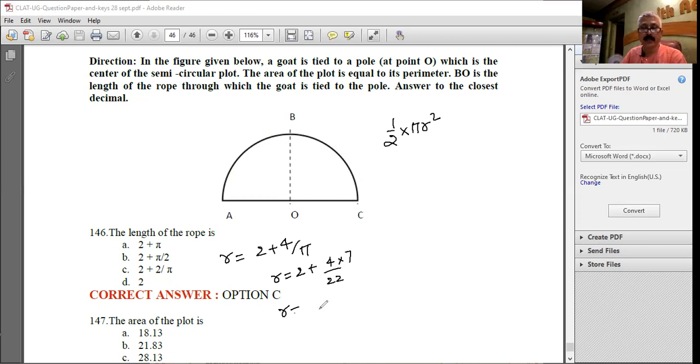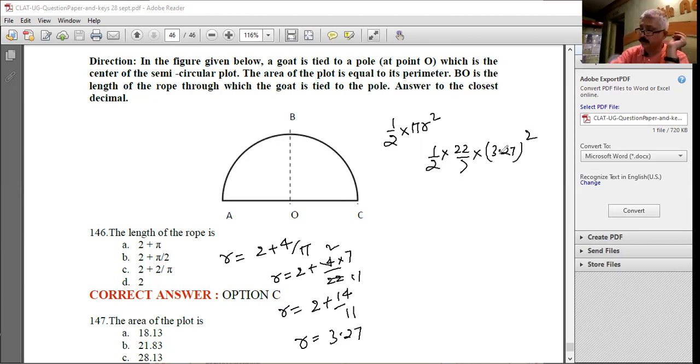R is 2 plus 28 by 22, which means 14 upon 11. After solving it, you will get R is equal to 3.27. Put here 1 upon 2 into 22 by 7 into 3.27 whole square. So now, after solving, it will be 16.798.